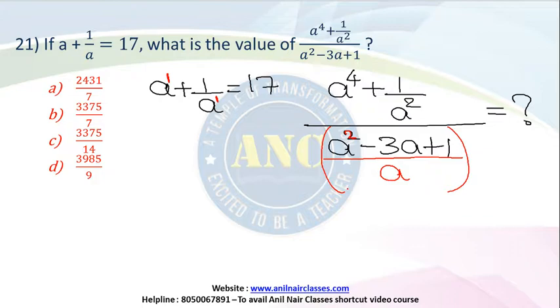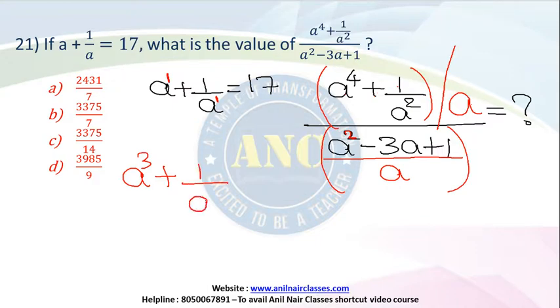If I divide the entire expression of the denominator by a power 1, then I should also divide the entire expression of the numerator by a power 1. That means a power 4 divided by a becomes a cube, plus 1 by a square divided by a becomes 1 by a cube. The whole thing is divided by: a square by a is a, minus 3a by a is 3, so it is minus 3.